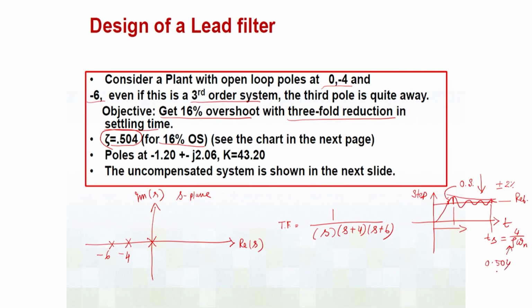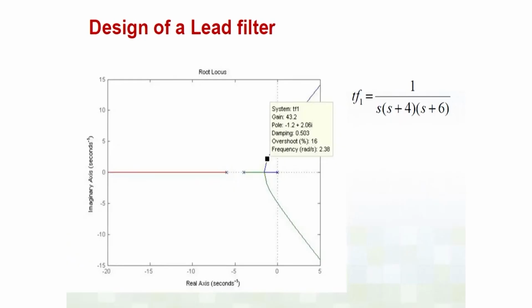And then with this zeta value, if you look at the chart, you will be able to find the location of the poles. If you draw a root locus diagram, you would see that with these values, this is the 16% overshoot.